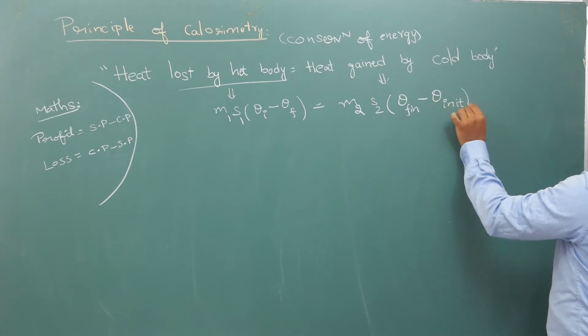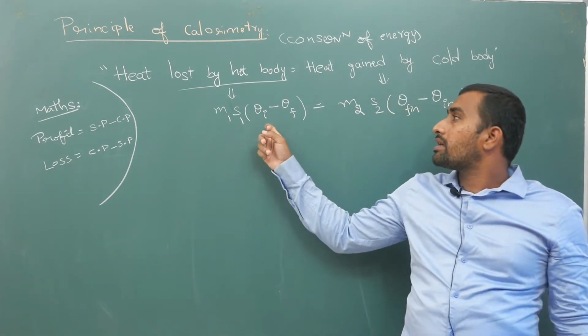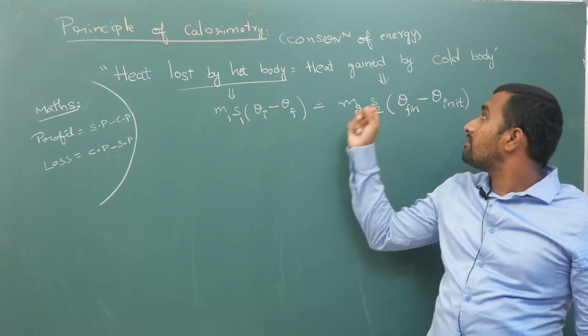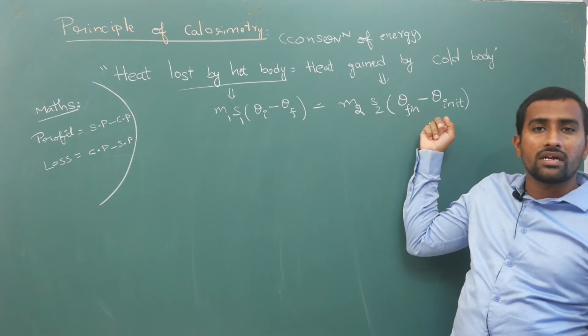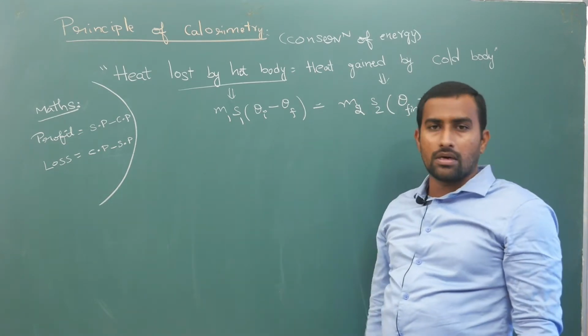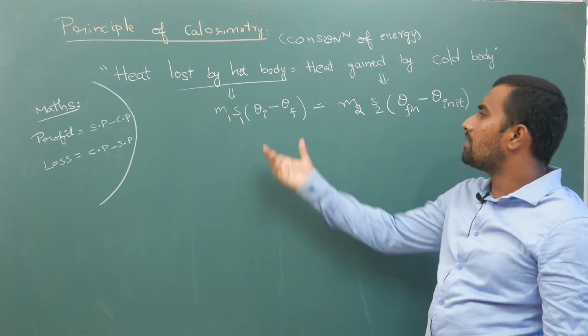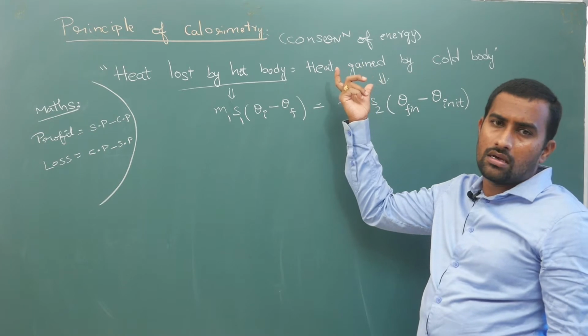Here when you have the hot body, you write initial minus final. Here when you have the cold body, it is gaining, so that is why you write final minus initial. So this is your principle of calorimetry, because whatever energy is lost by one body, automatically that will be gained by the other body.